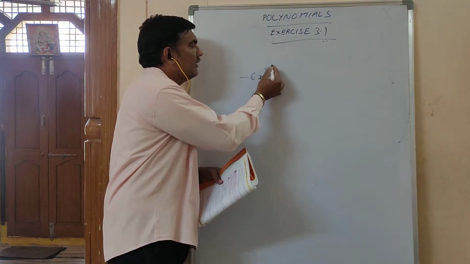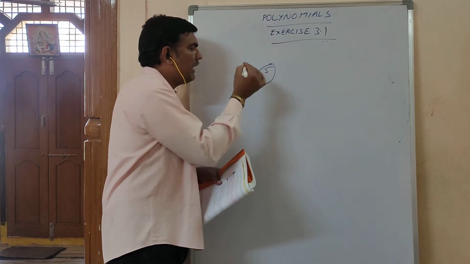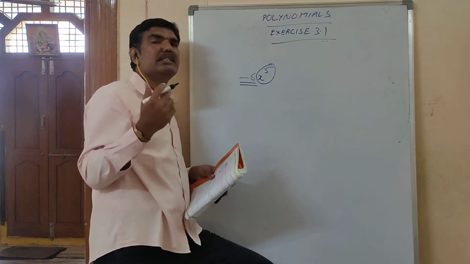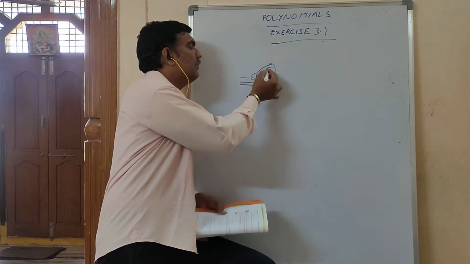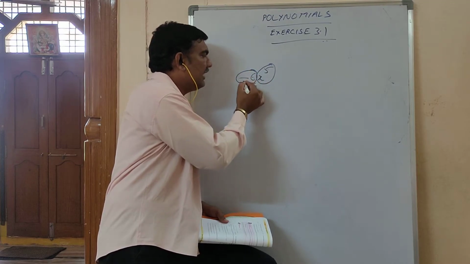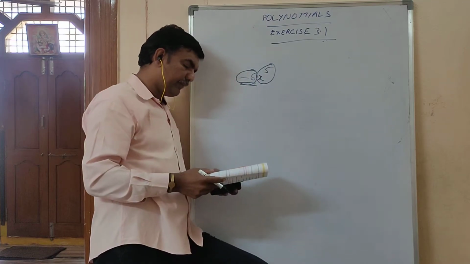Coefficient means x power 5 is multiplied with which number? Including the symbol you should say. X power 5 you are multiplying with what here? Minus 6. This entire minus 6 is called the coefficient of x power 5.